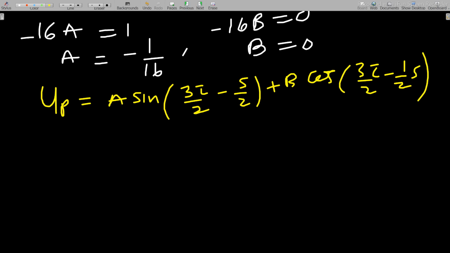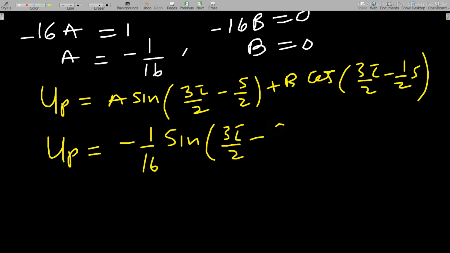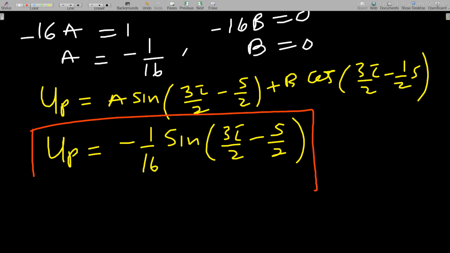And now b is 0 and a is negative 1 over 16, so our actual u particular is minus 1 over 16 sine of 3 tau over 2 minus s over 2. So this is our u particular. So our final answer in terms of s and tau is u of s tau is equal to u homogeneous plus u particular.